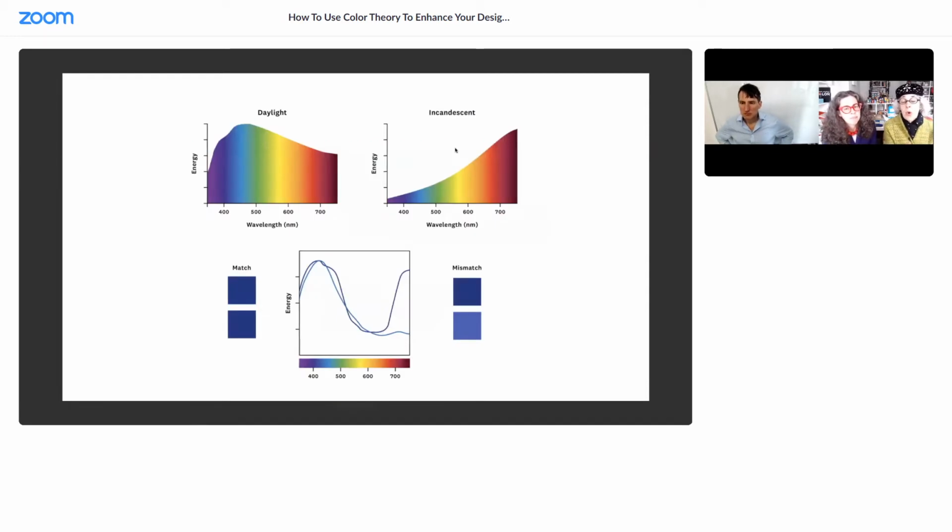Number 4, colors that appear to match in one setting do not in another. Two materials can appear to be the same matching color under particular lighting, but they no longer match when moved to a different light source. This is called metamerism.